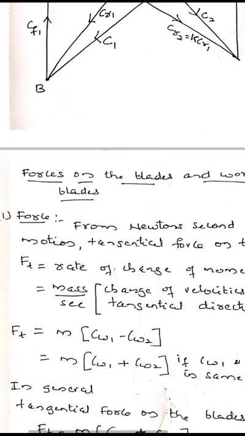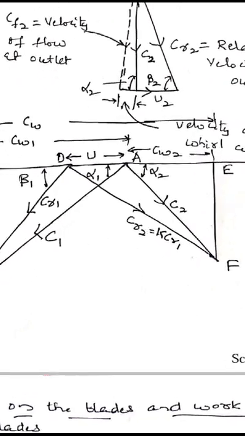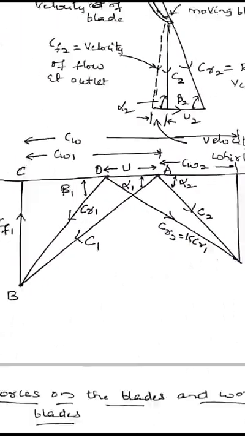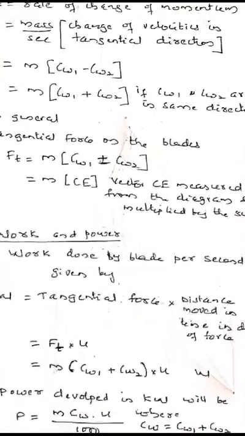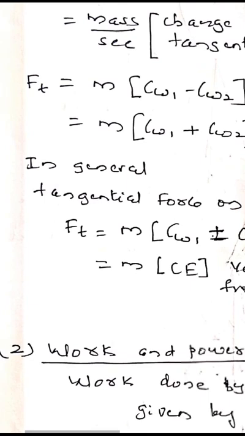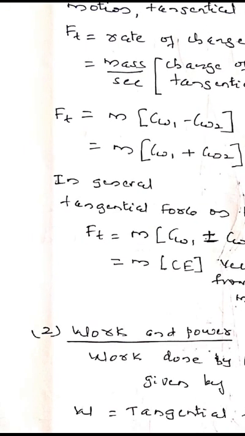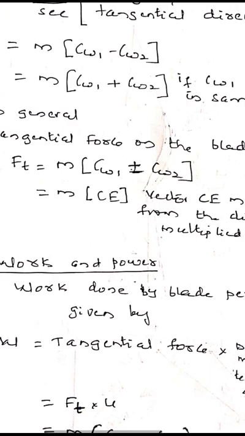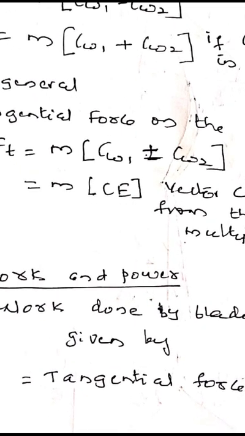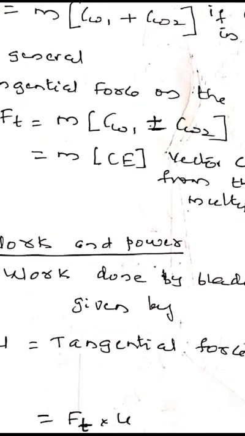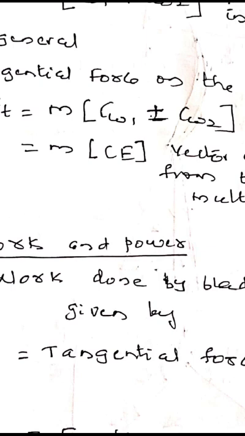As we can see in the figure, Cw1 and Cw2 are in opposite direction. If Cw1 and Cw2 are in the same direction, then the force exerted will be m into Cw1 plus Cw2. In general, Ft equals m into Cw1 plus or minus Cw2. From the vector diagram, it is m into CE.